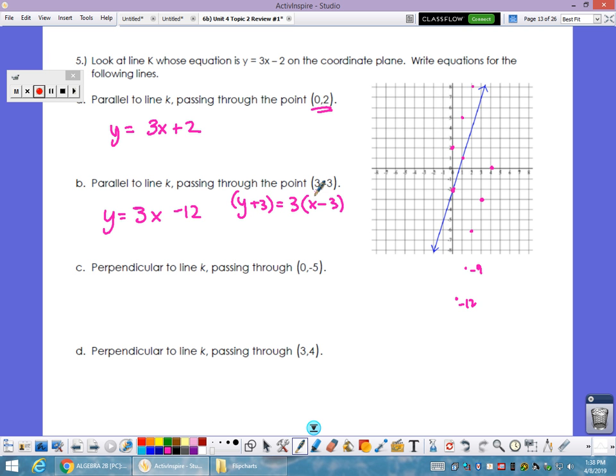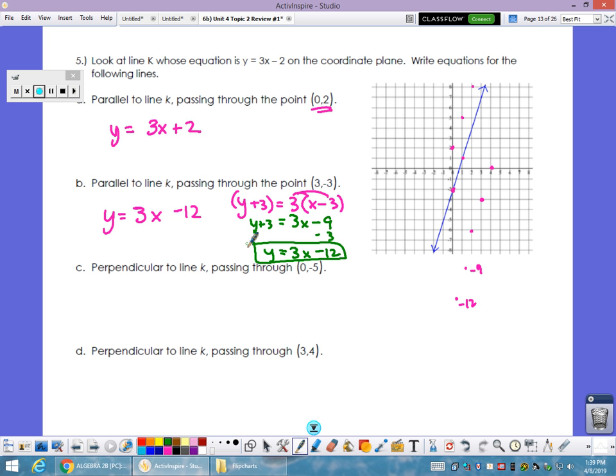I plugged the y coordinate here, the x coordinate there, remember they're opposites, and the slope. I'm going to distribute. 3x minus 9 equals y plus 3, subtract 3, and we get negative 12. Awesome. It's nice to see that I got a little confirmation.